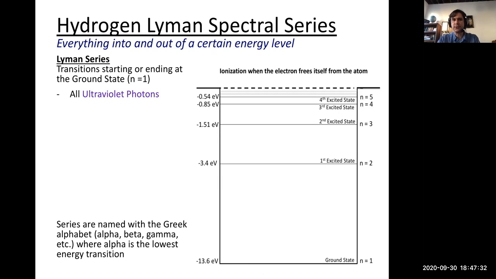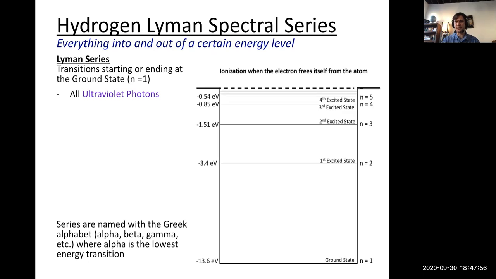The way we're going to do this, we call the systematic approach. Every line that I'm about to talk about, every photon that the hydrogen atom can interact with that involves going from the ground state to a higher excited state, or a higher excited state down to the ground state, we call the Lyman spectral series.